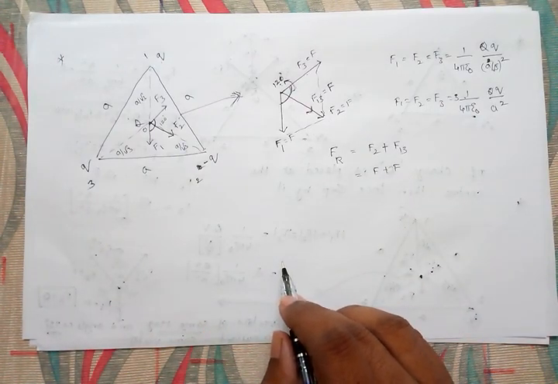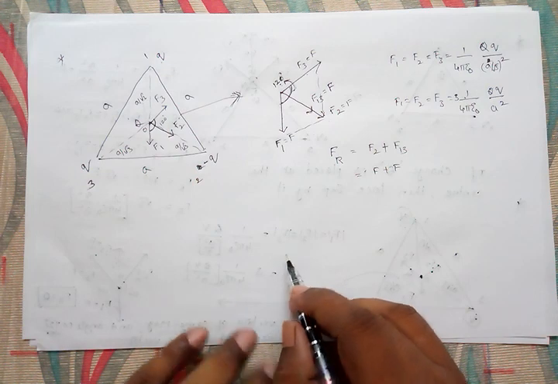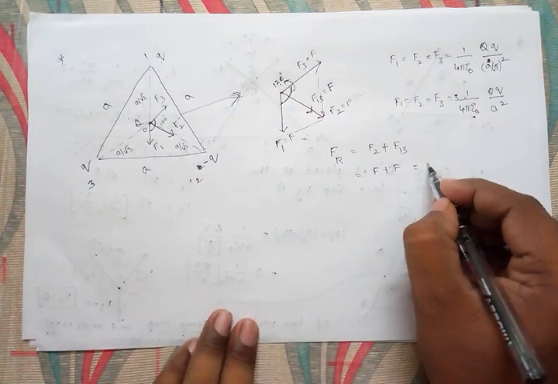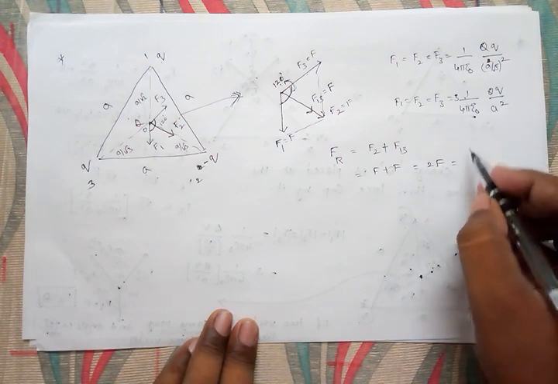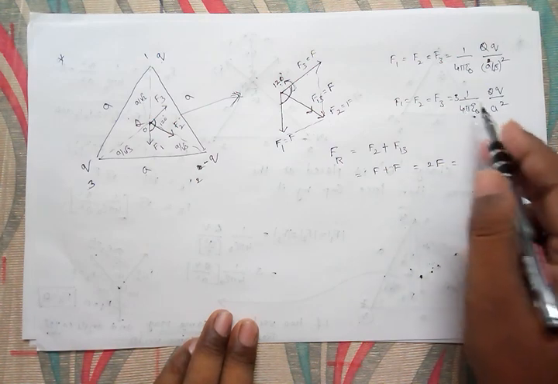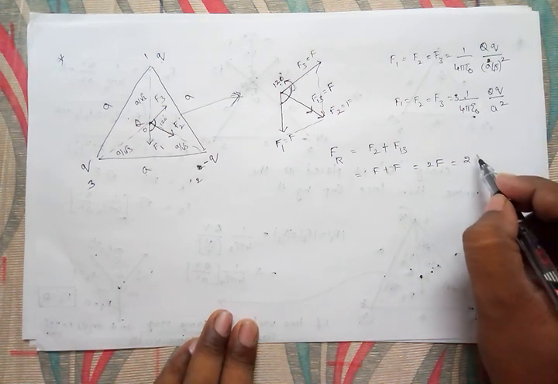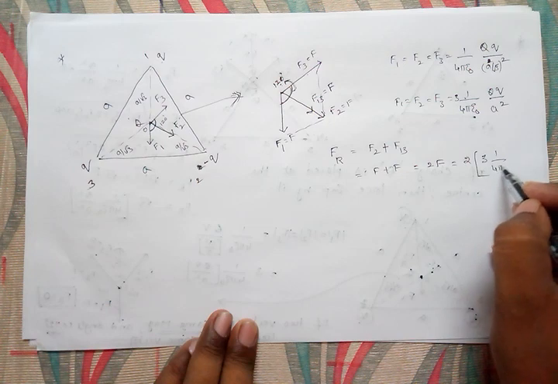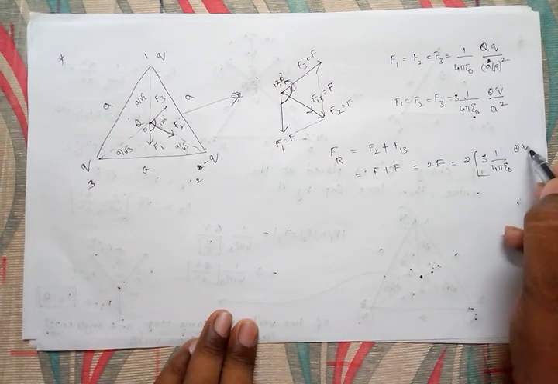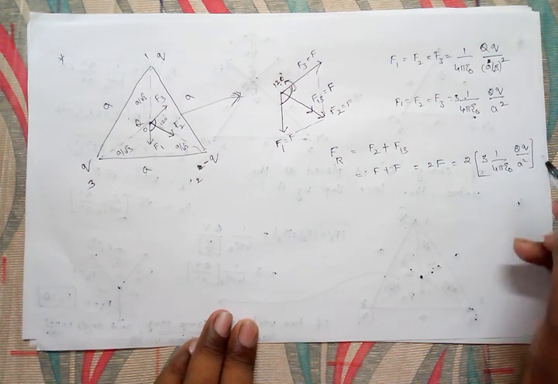So we can take it as 2F. 2F means 2 into F, which is 1 upon 4 pi epsilon naught into capital Q small q by a square.